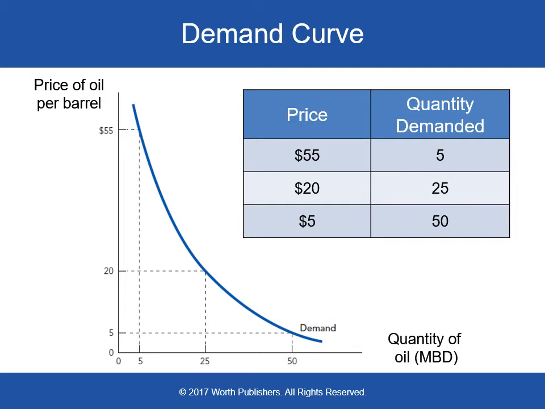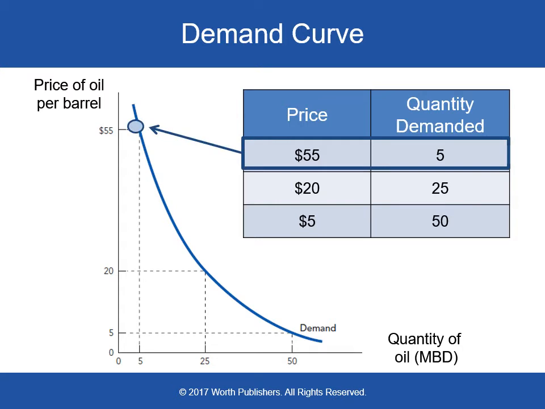And if the price of oil per barrel is $55 a barrel, you can read off the quantity demanded by following the dotted line to the right. It hits the demand curve there, it goes straight down to the number 5. So that's telling you that 5 million barrels will be demanded if the market price is $55 per barrel.